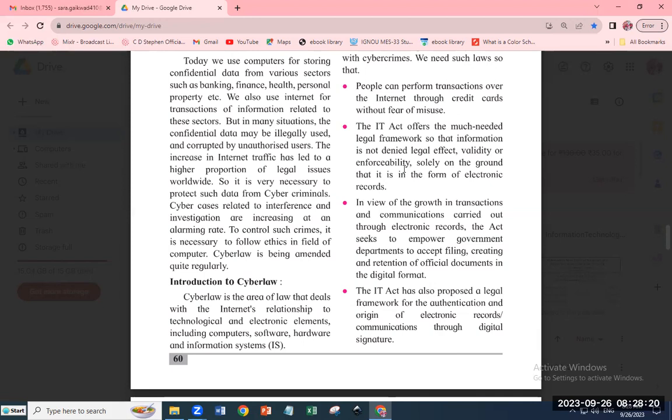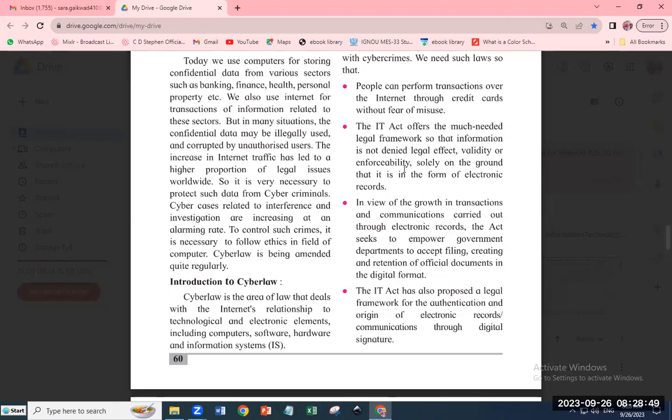If we have that, we are assured that unauthorized people cannot come into my network. If they try, I have my firewall and different security levels securing me. So the IT Act is also offering this framework, and you have to work in this framework.